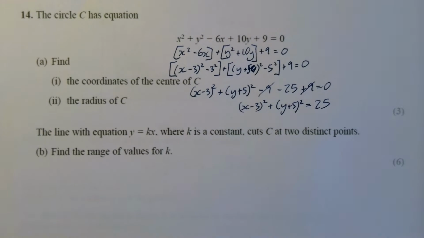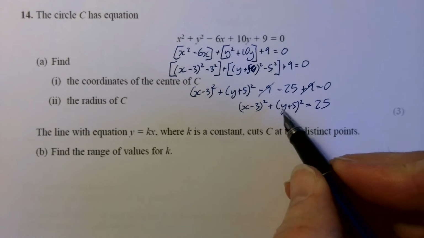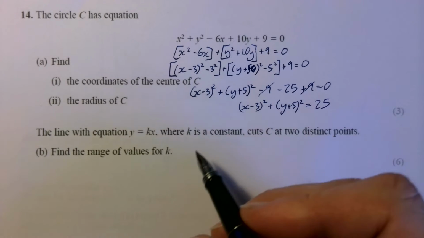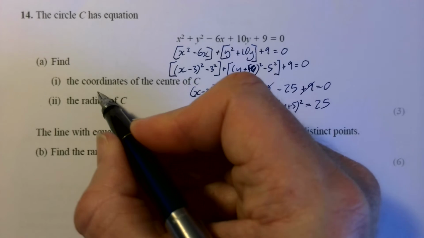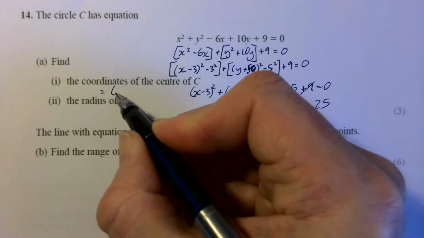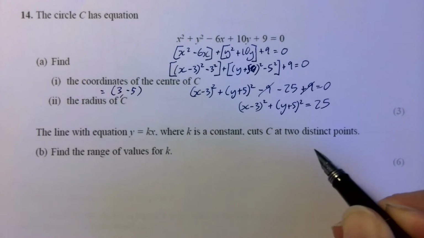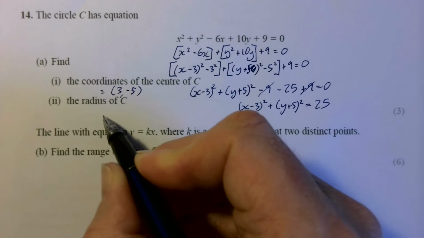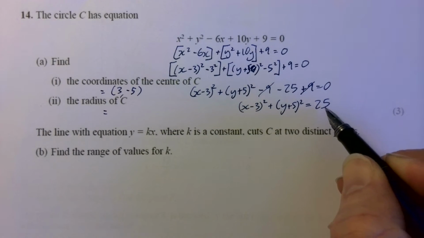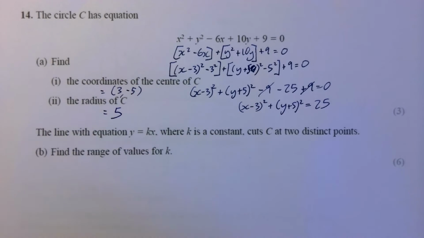If we take that over to there, the coordinates are the values of x and y that make these brackets equal 0. So the coordinates are 3 for x and -5 for y, and the radius will be the square root of 25, which is 5.